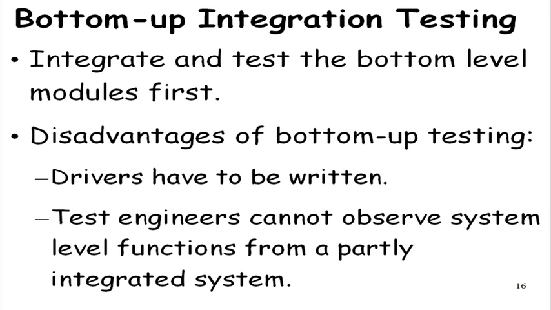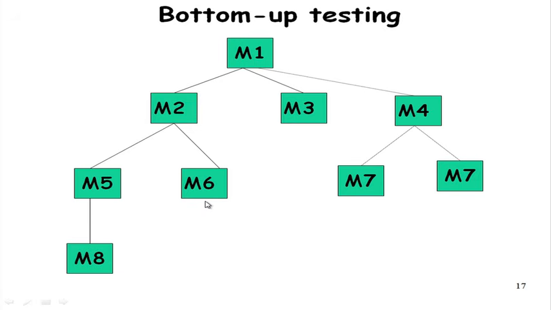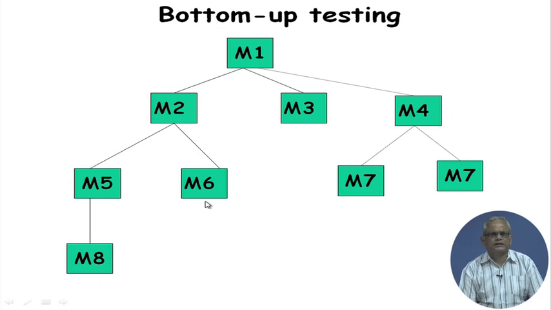For example, whether data input from a user interface is correctly received, or whether the data written to a user interface is correctly shown, and so on. That kind of very simple things need to be tested. And the way the bottom up testing works can be seen from this diagram.